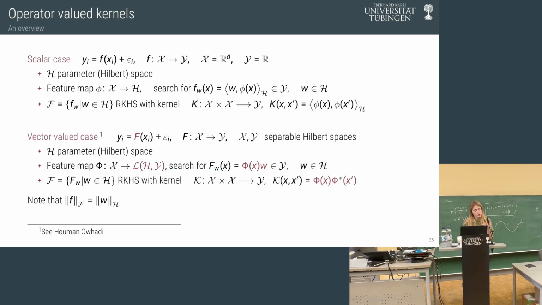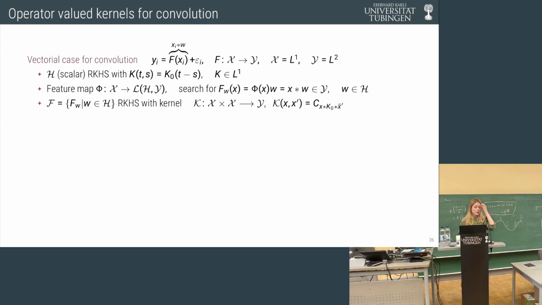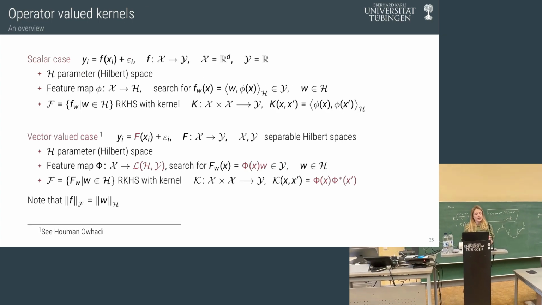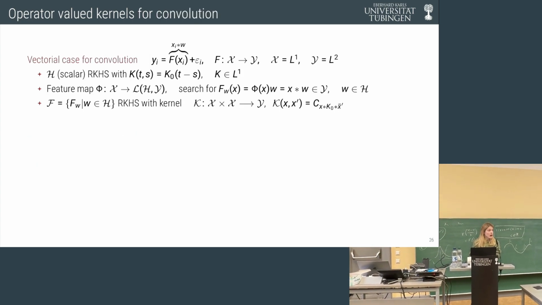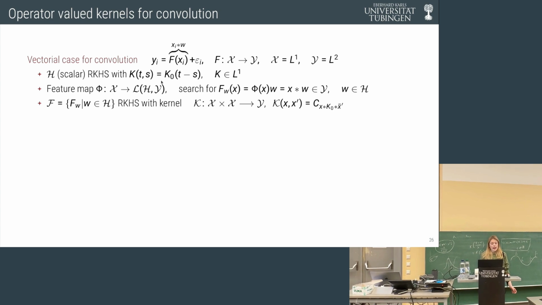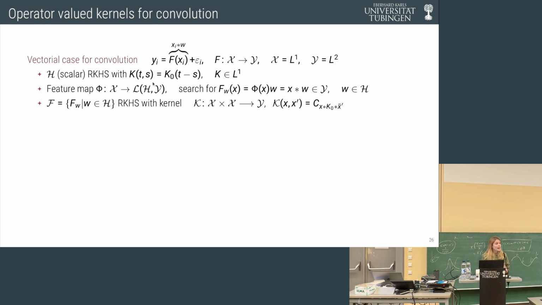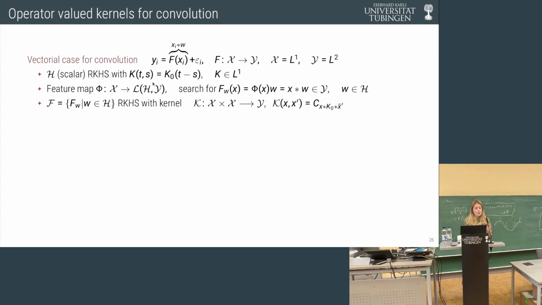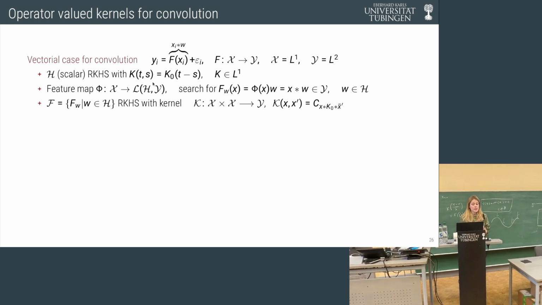Okay, and the only thing I want to stress here is that for convolutions, I can tell you what H, phi, and the kernel are, because of the structure of this operator. Here, f of xi is just the convolution between xi and W. As the scalar space, I will choose a reproducing kernel Hilbert space, say with a scalar kernel k.